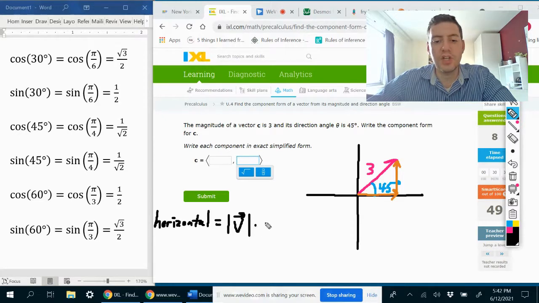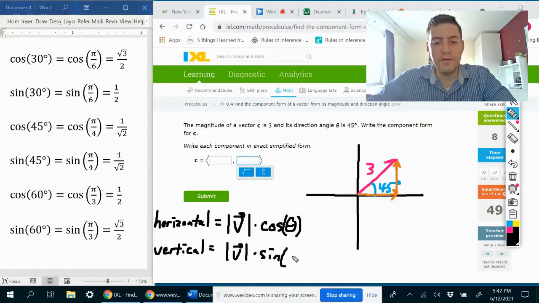I don't want to keep changing it. Then it would be the magnitude of the vector times the cosine of the angle. And to find the vertical component, we would need to do the magnitude of the vector times the sine of the angle.